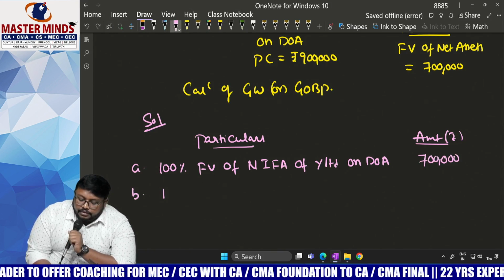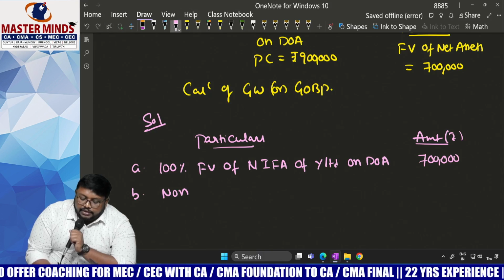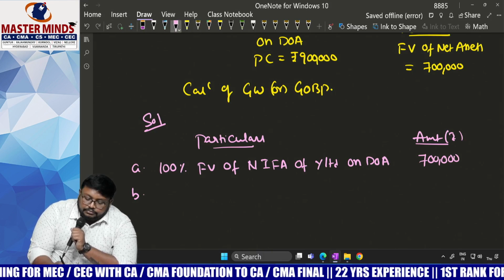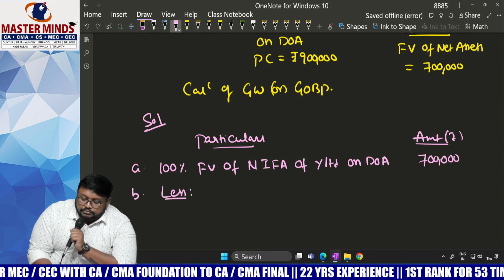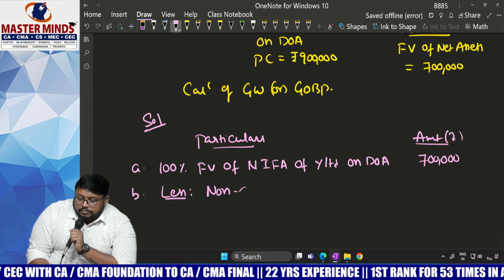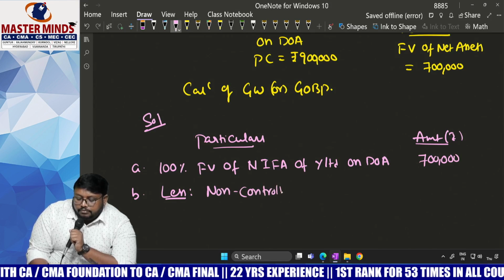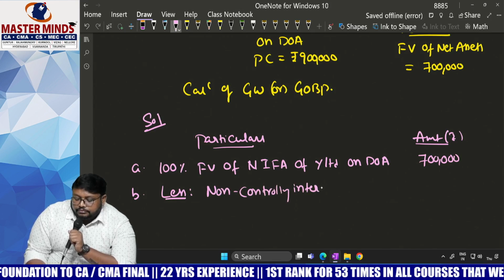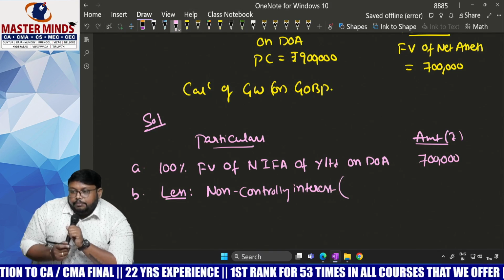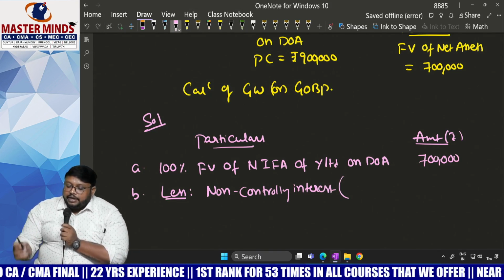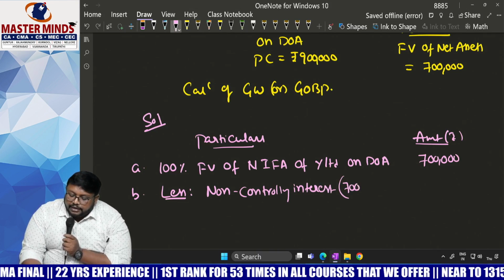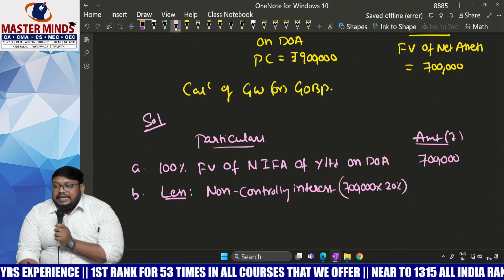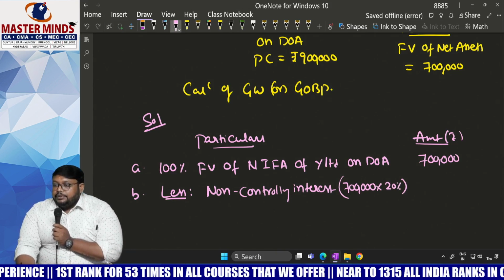B, non-controlling interest. We have to deduct, less non-controlling interest. For time being, follow PSNA basis only, proportionate share in the net assets. What is the value of net assets? 7 lakhs. What is NCI share? 20%, because 80% is the parent share, means 20% is the NCI share.